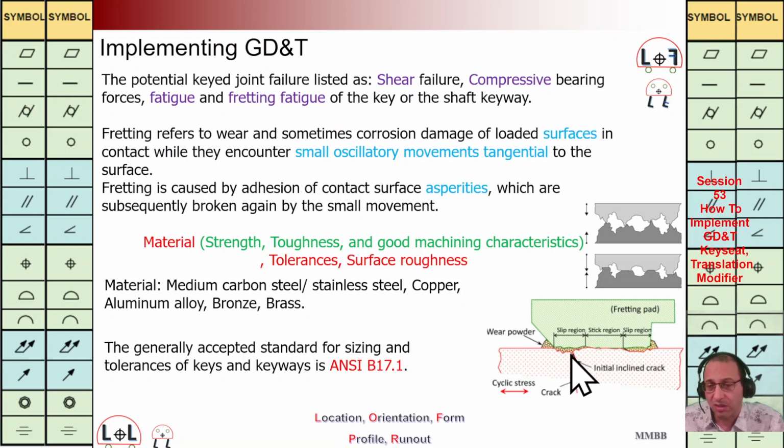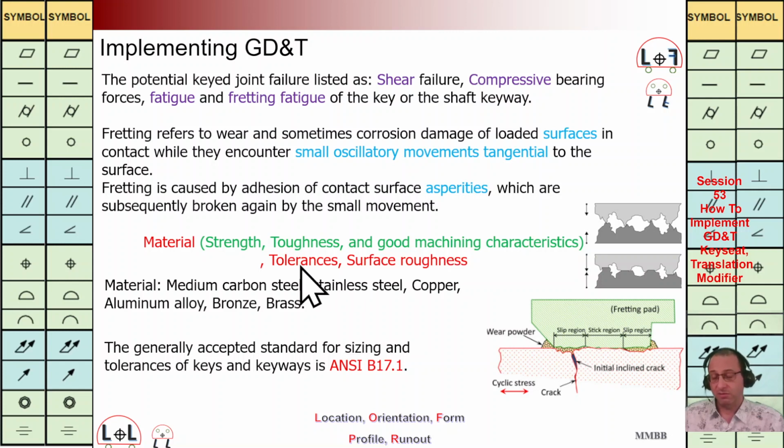We are going to make this micro crack here, and based on that cyclic load to the left and right side, we are going to propagate that micro crack. We are going to have this crack here. That's why the material strength and toughness of that surface are important, and it is good to have this ability for machining.